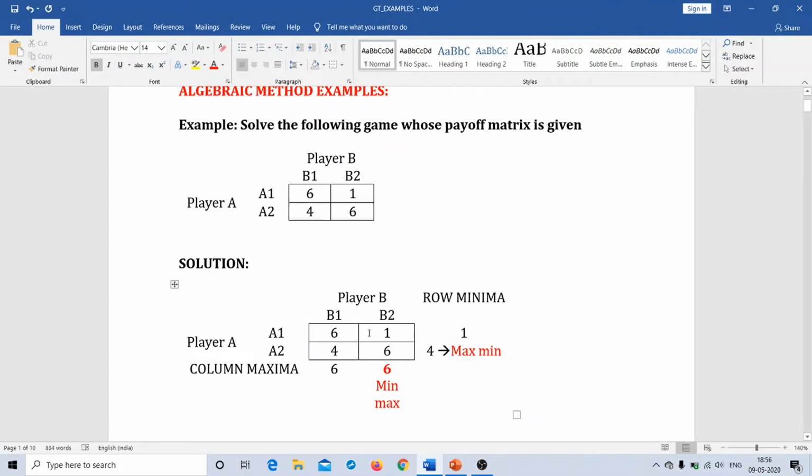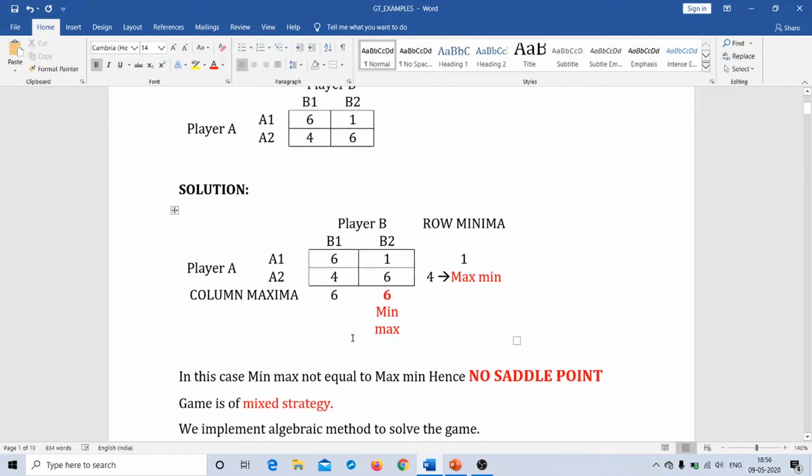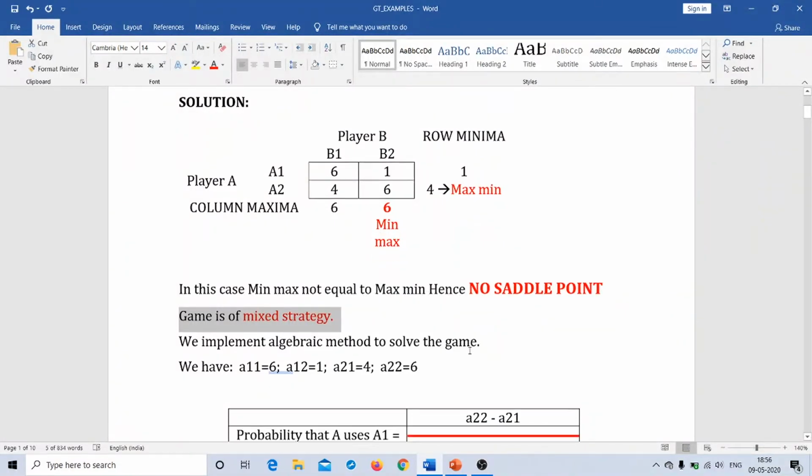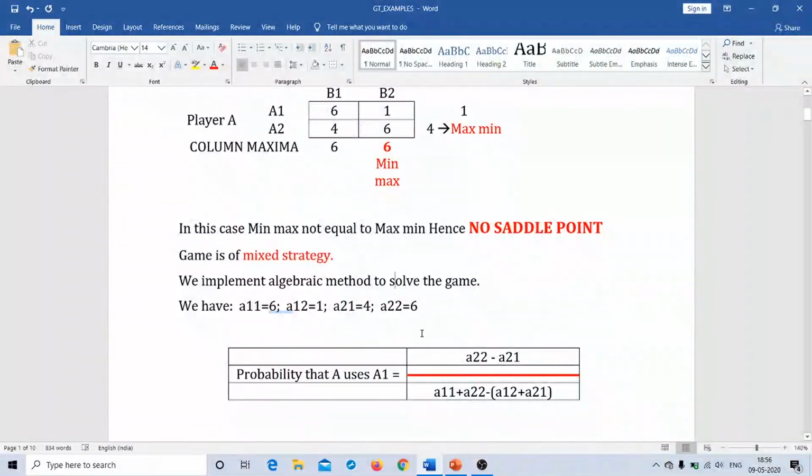I'm not going to spend more time on finding the saddle point, which we have done earlier in pure strategy. If you look at this, my minimax is not equal to maximin, and hence this game does not have a saddle point. Since it does not have a saddle point, the conclusion is that the game is of mixed strategy, so we implement the algebraic method to solve this problem.